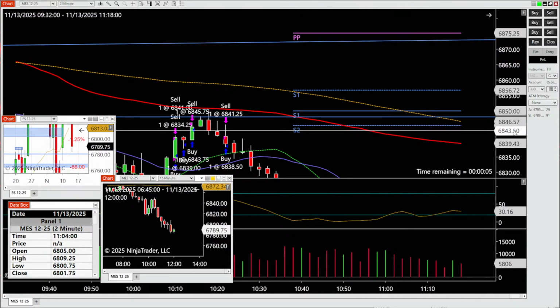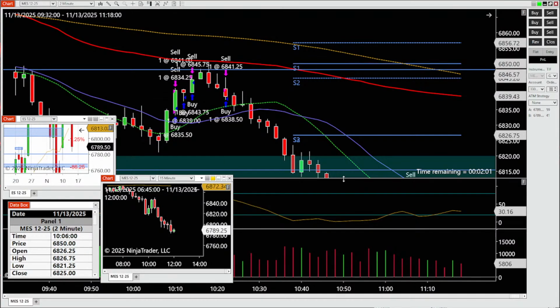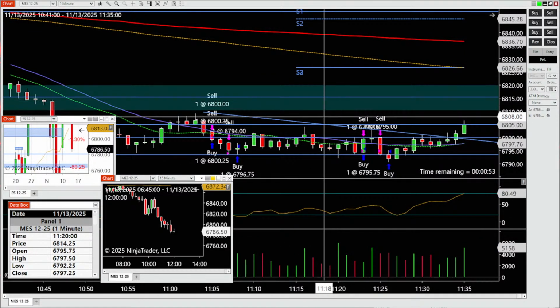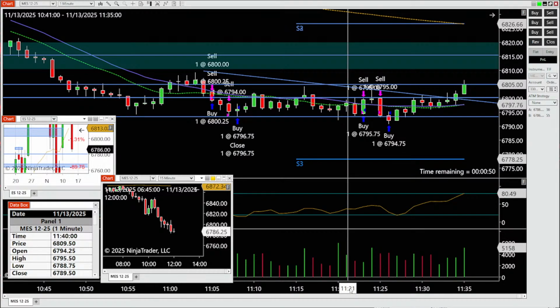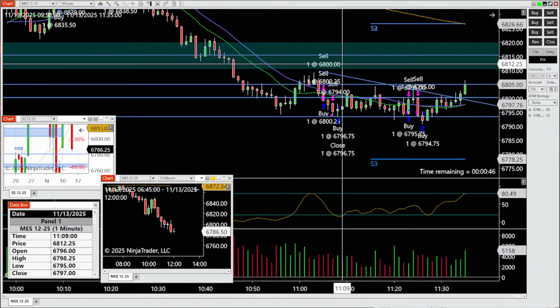Let's see if I can spread it out. But I took a short. Can't see it. Let me put it on a 1 minute. Could probably spread it out a little bit better. So here I shorted at 68.